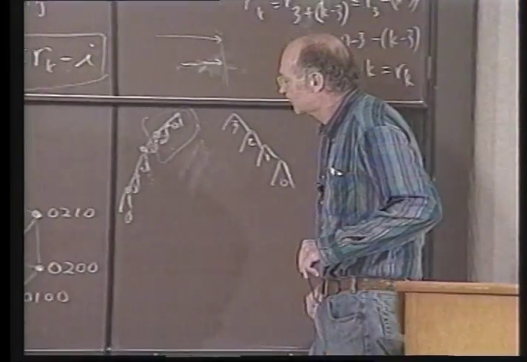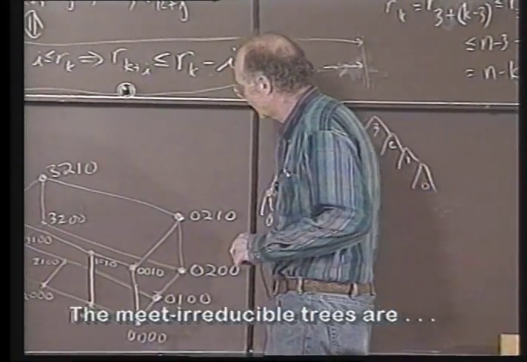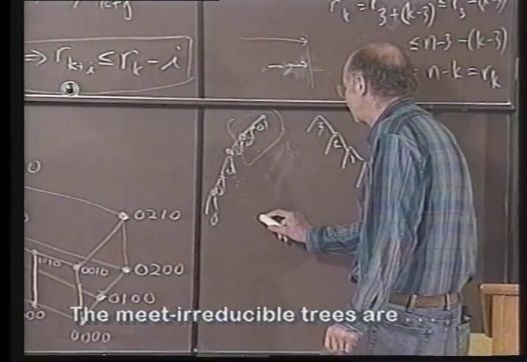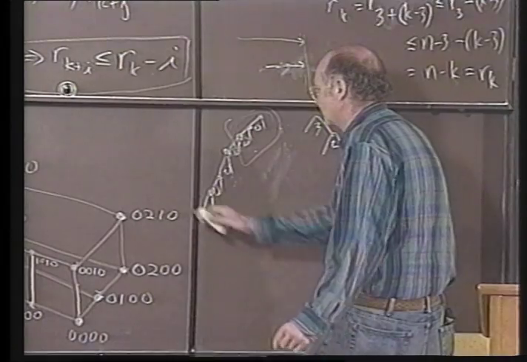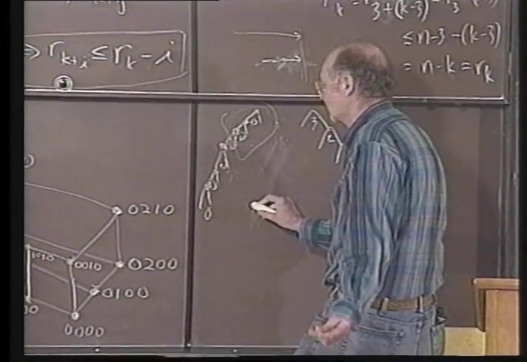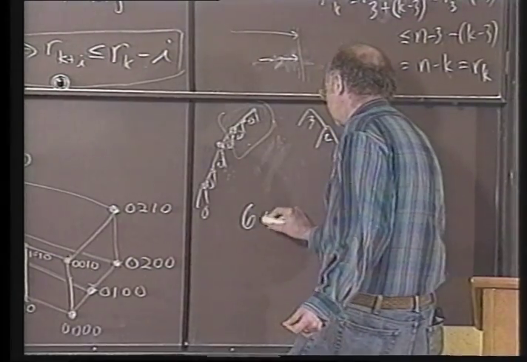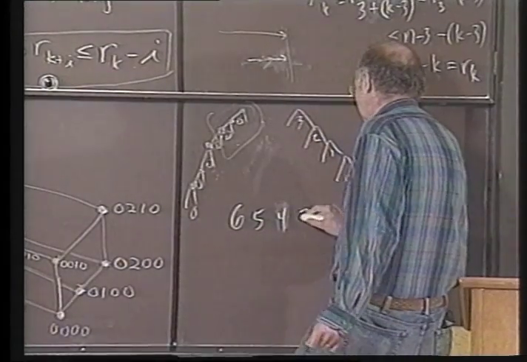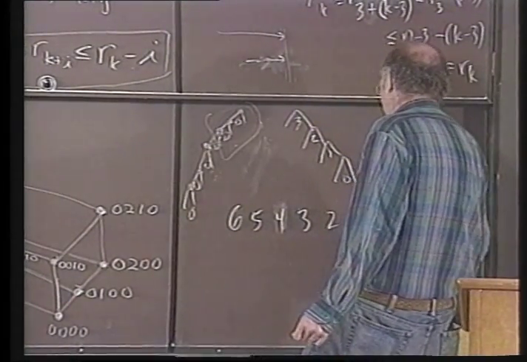Now the meet irreducible trees, there are also 6 meet irreducible trees, and what you do is you start out with... this is too small an example to illustrate it, so suppose I have 7 nodes. And I start out with 6, 5, then n minus 1 all the way down. This would be the top element of the lattice.